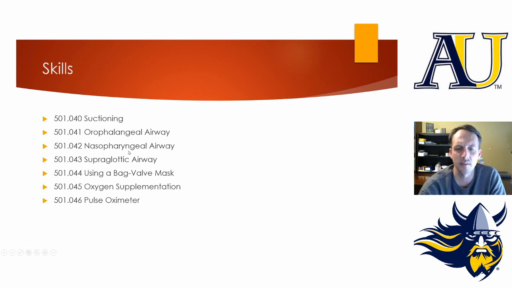The nasopharyngeal airway could be used with a conscious individual, and the only time that would be beneficial is if they have some sort of fracture to the face area, and so inserting that nasopharyngeal airway. But if they're able to breathe on their own, I would not take away their airway and add an artificial airway, even if they are unconscious.